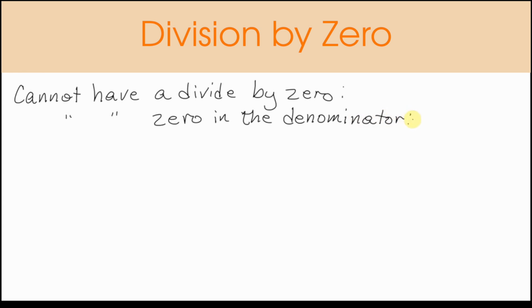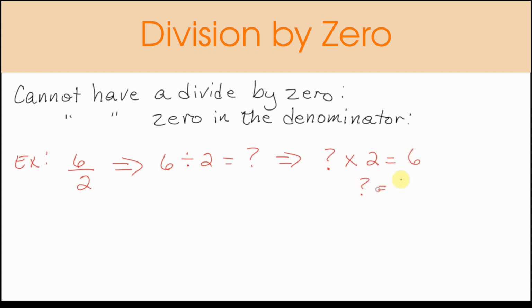Well, let's see why. Let's look at an example. Suppose we have 6 over 2. Well, we know that really means 6 divided by 2. So we're asking ourselves, 6 divided by 2 equals what number? That's the same as saying, what number can I multiply by 2 and get 6? We all know that number is 3. Well, what happens when we have 0 in the denominator?